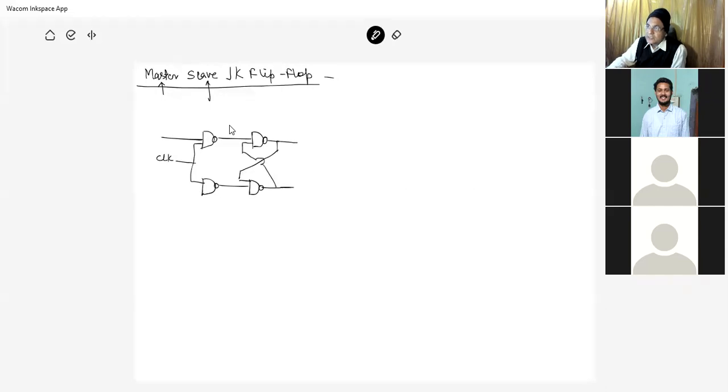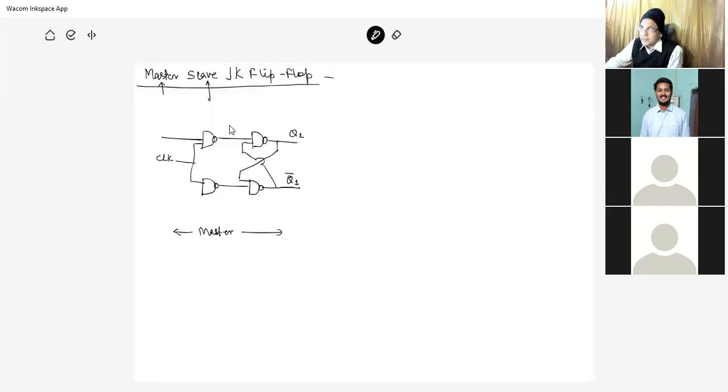So this one is Q1, this is Q1 bar. This part is the master, with some addition.